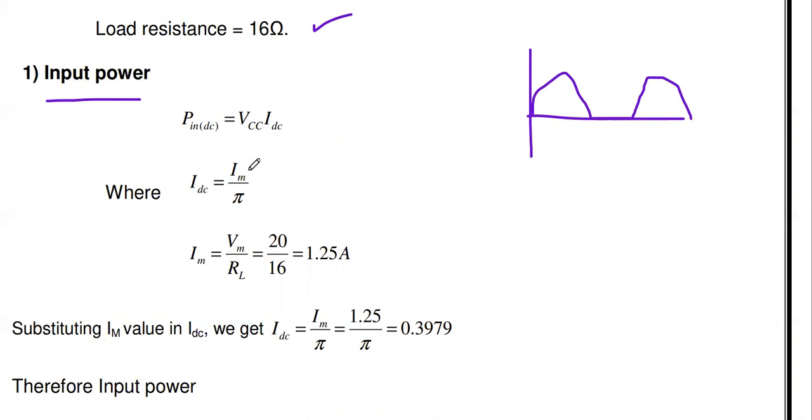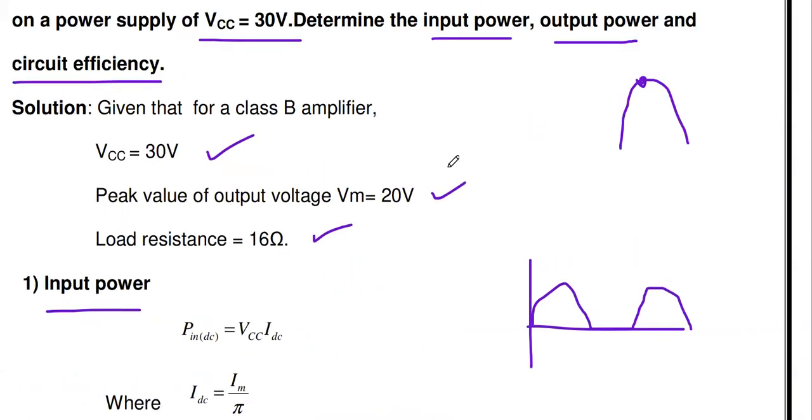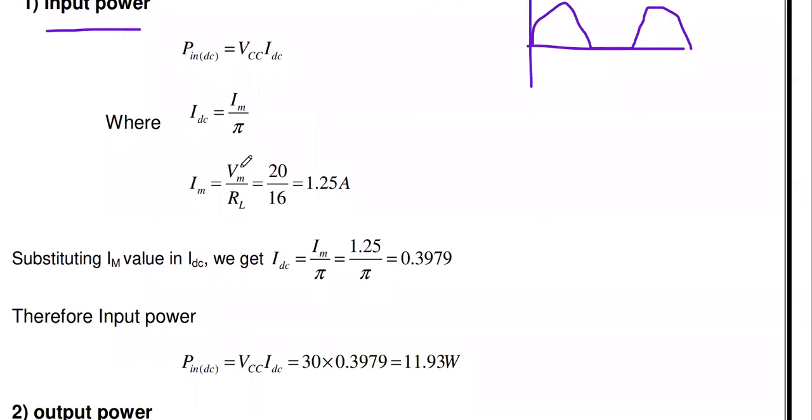Here we have to find out IM. In order to calculate IM, VM is given: the peak value of voltage is 20 volt, and the load resistance is given. Using the VM value and the RL value, we can calculate the maximum current. According to Ohm's law, the maximum current is the maximum voltage divided by the resistance.